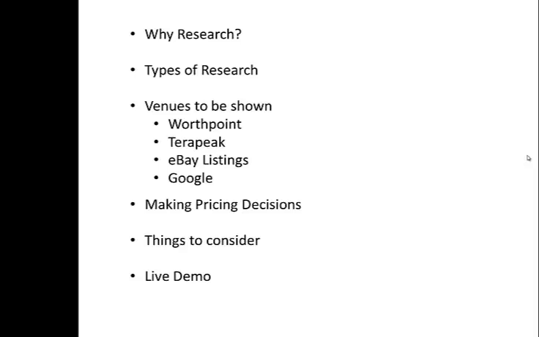The types of research to do, the venues that I will be showing in depth, and you'll be seeing me go and search specific things, and if you're going to be part of that webinar tomorrow, you can submit items that you want me to look up and show the information that's available out there, and what I would find. Then how to make pricing decisions, and things to consider, which again has to do with your pricing decisions. And then of course live demoing of how I go through the process of researching and pricing different items.